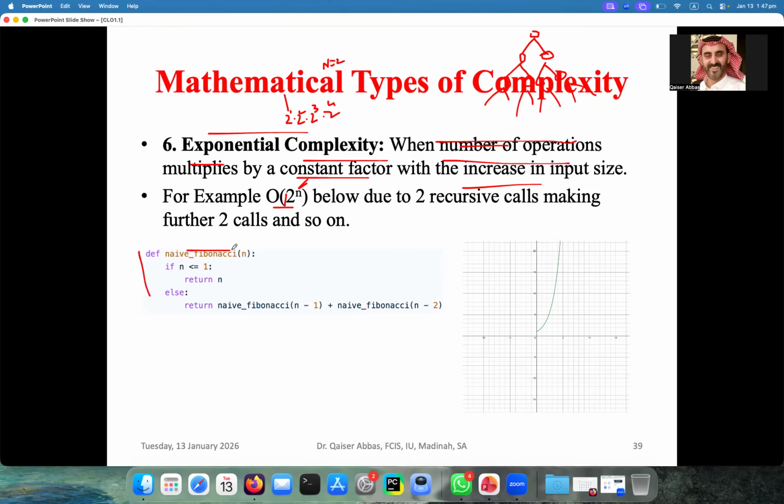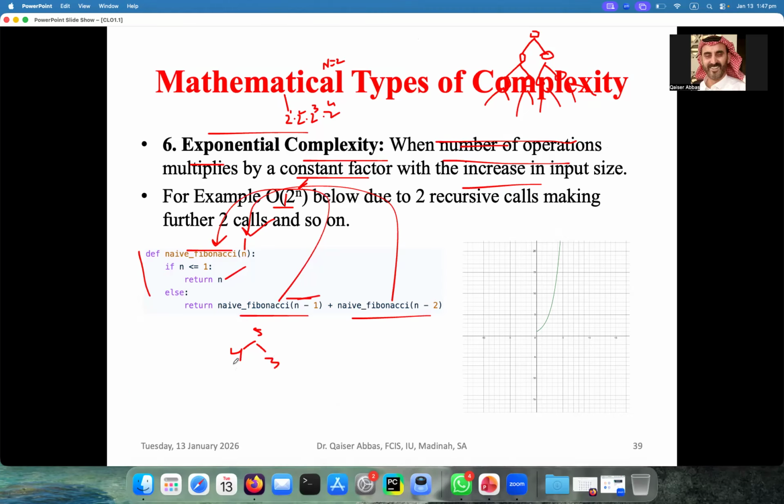Here in Fibonacci we are calling due to 2 recursive calls. N is the size, and here you are checking n less than or equal to 1. When this condition is true, you return n. Else you return Fibonacci of n minus 1 plus Fibonacci of n minus 2, calling this function again by reducing n. If n is 5, the first call is 5, and then you have 4 here, one call with 4, another call with 3.